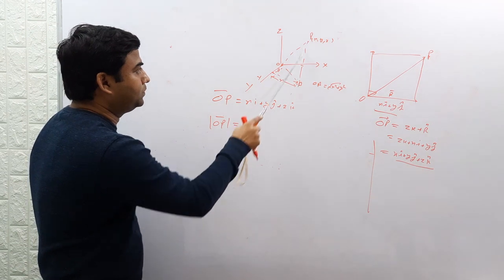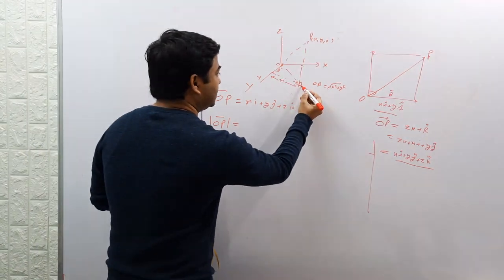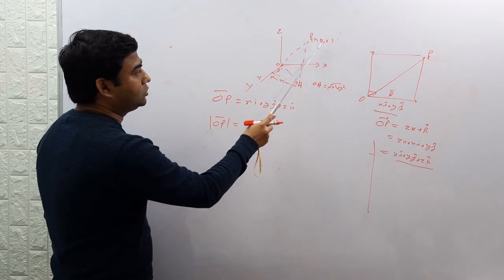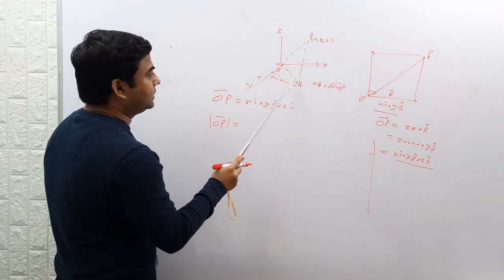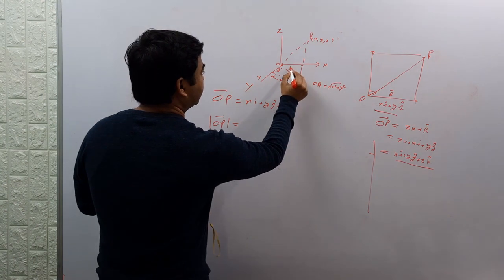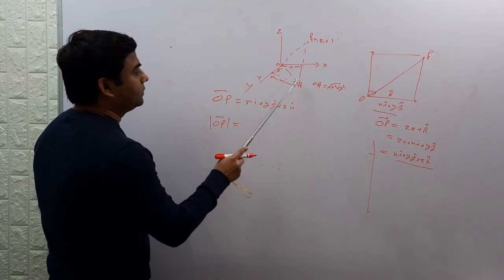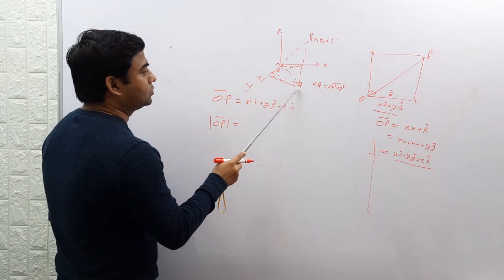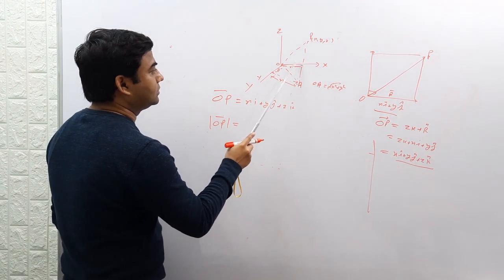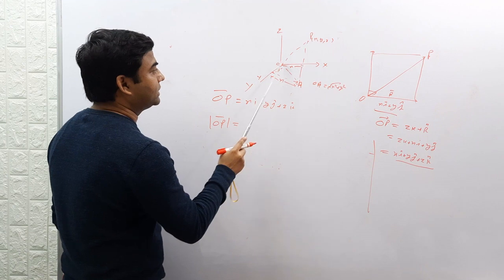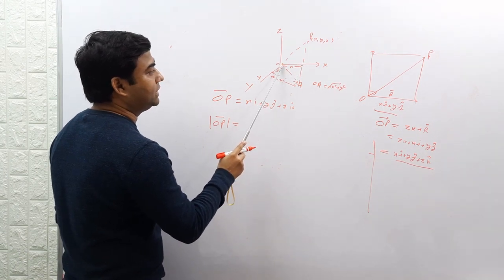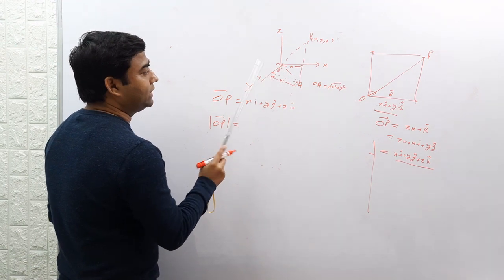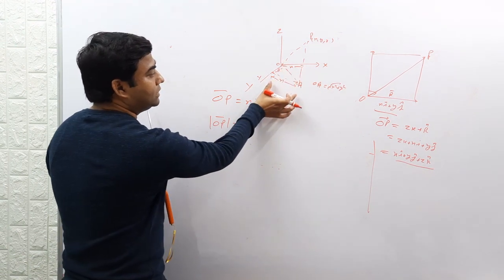This is point P. So sorry, this is A. As per the definition of x and y, from A, I have drawn a perpendicular on the x and y axis. So this perpendicular intersection from O on the x axis will have x distance. Similarly on y, this perpendicular will have y distance.